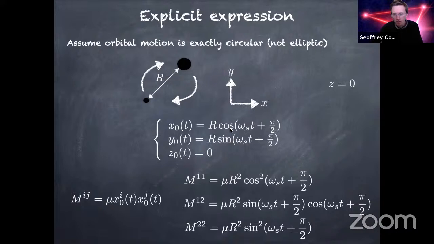I normalize my cosine and sine by adding a phase just for convenience, so it's just a shift of time. So the mass quadrupole is given by this expression. The 1,1 component is the square of x0 times mu. The 1,2 is the product of x0 and y0. And the 2,2 is the square of y0 times mu. The other components are 0.